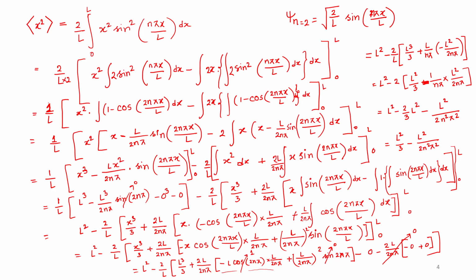So this is what we are getting for the average value of x square. And we already got that x is L by 2.